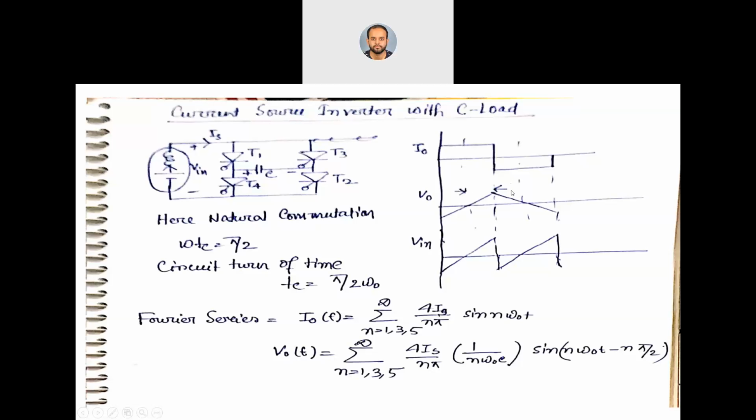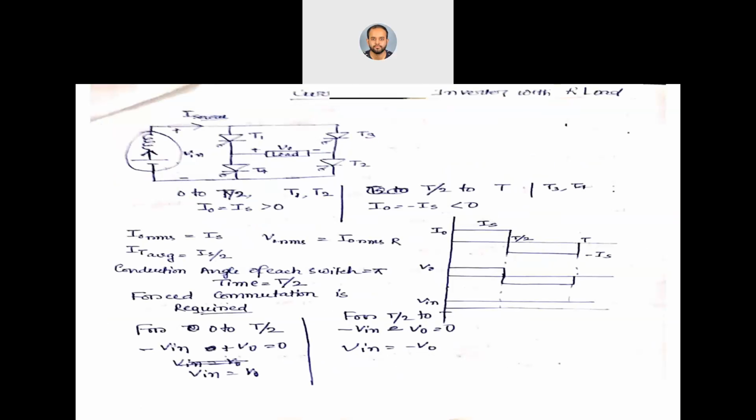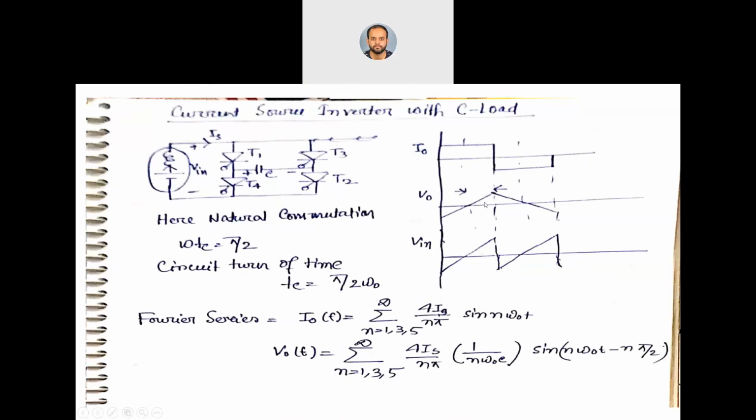When T3 and T4 are conducting, the voltage is still remaining positive across the load. For the first half cycle current flows in one direction and for the next half cycle in the other direction. In case of R load the voltage changes after pi, but here after pi up to about 3 pi by 2, up to 270 degrees, it is not changing; the voltage is decreasing very slowly.